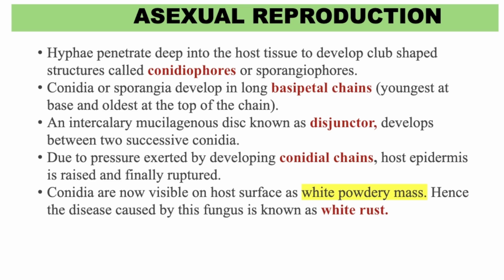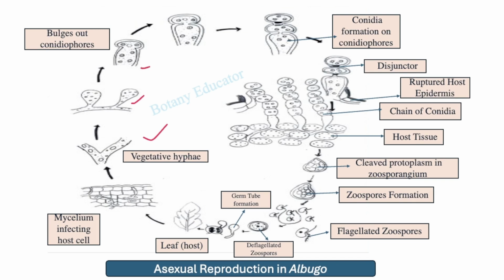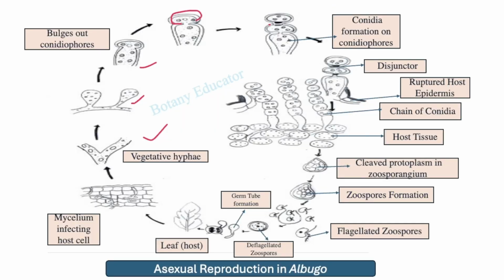And how will it reproduce? It will form a structure called conidiophore. You can see in this diagram, this is a vegetative hypha and this will bulge out and form conidiophore structures, right? On these conidiophores, conidia will be developed in a basipetal order, means the youngest will be at the base and the oldest will be at the top.